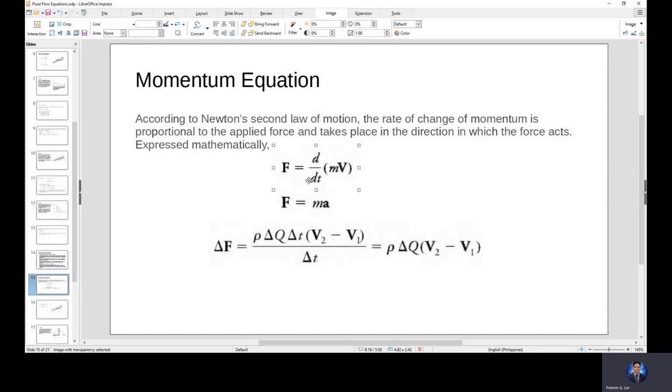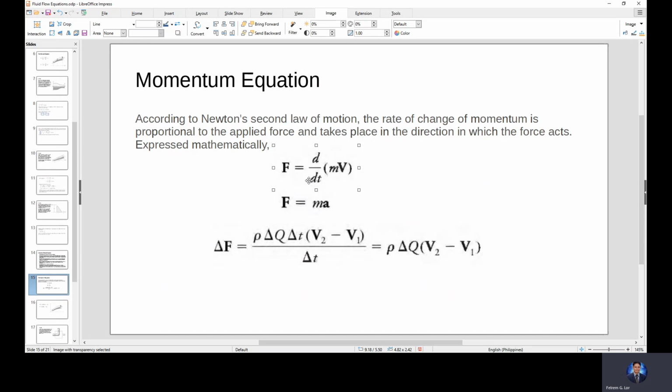If we apply that concept to a moving fluid, we have discharge. When we say discharge, we have unit time, right? It can be mass discharge or volume discharge.